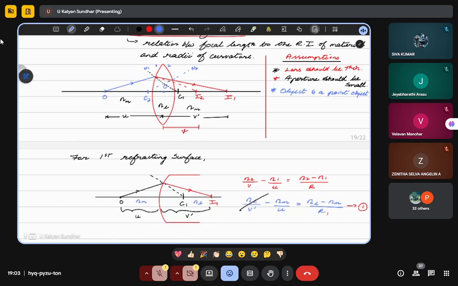And next comes the angles. All the angles should be small angles, whether incidence or refraction. Only then did this equation come first. Right? This is the same thing I derive here too. Right? All the angles are small. So this is all about your lens maker's formula and your lens formula. Right?